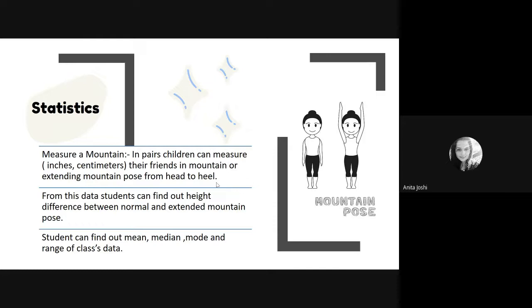When they measure the height of their friends, they can say which student is at what height. And at the end of the activity, they can find the mean, median, mode, and range of their friends' heights.